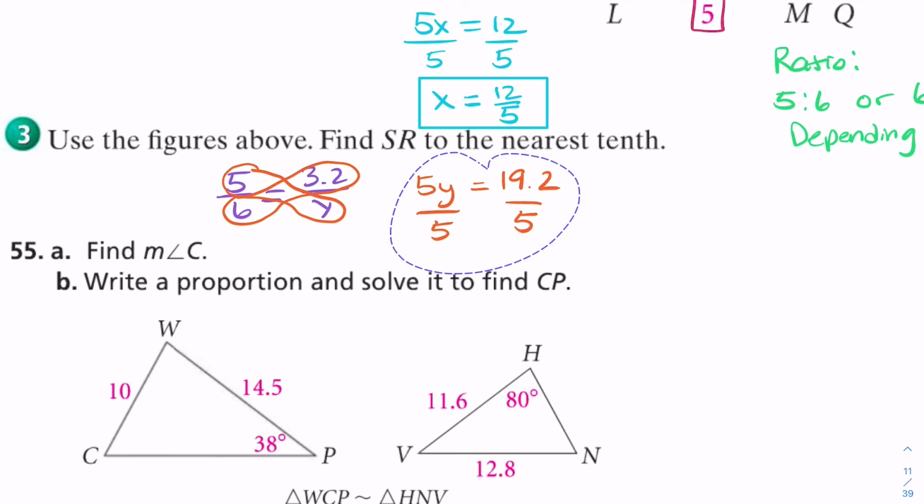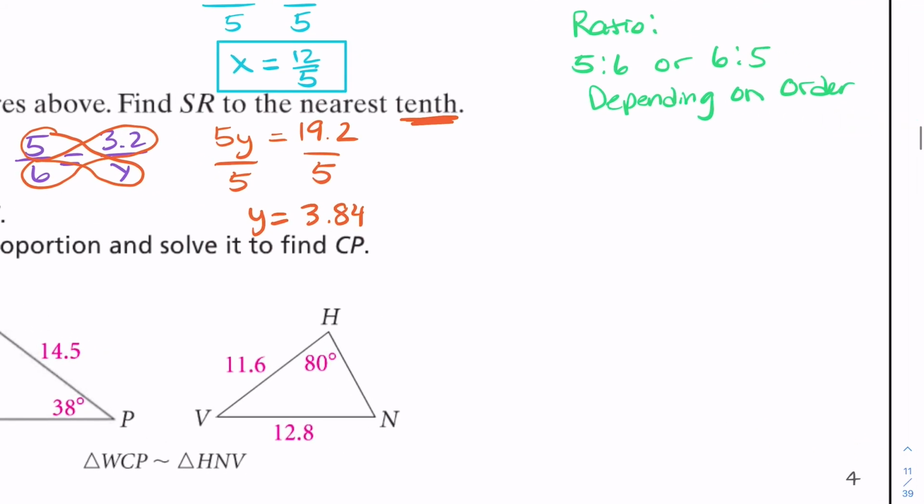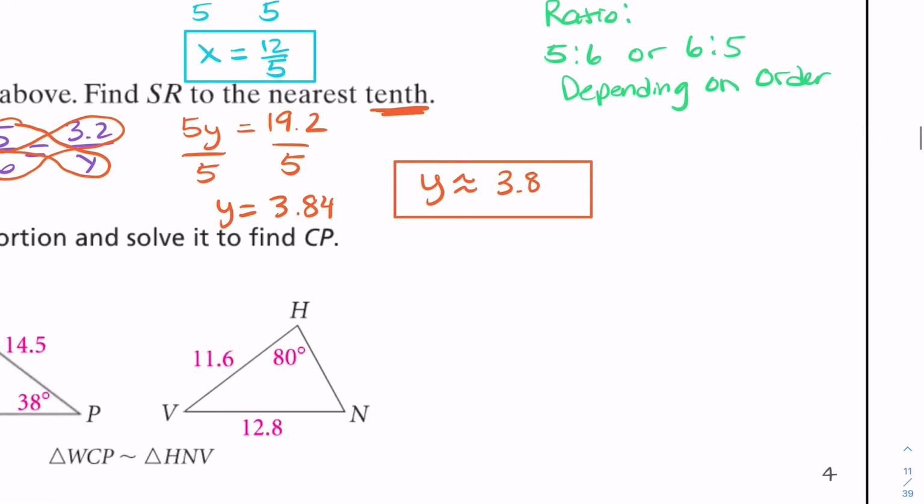So y is equal to 3.84, but it wants it to the nearest tenth. So y approximately equals 3.8. Just going to use the approximate symbol because I'm rounding it off.